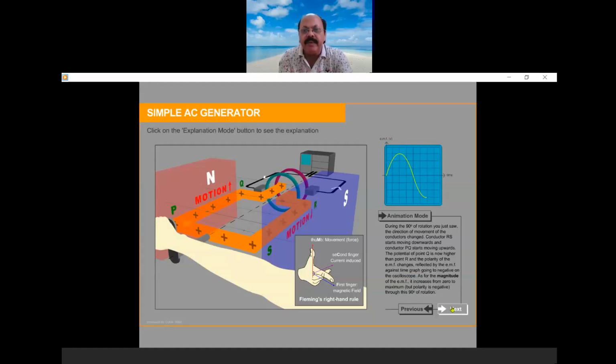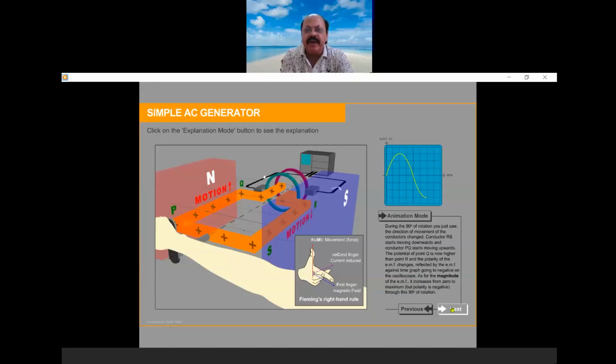The potential of point Q is now higher than point R, and the polarity of the EMF changes, reflected by the EMF against time graph going negative on the oscilloscope. You can see in the diagram. As for the magnitude of the EMF, it increases from 0 to maximum, but the polarity is negative through this 90 degrees of rotation, which you can see in the graph.